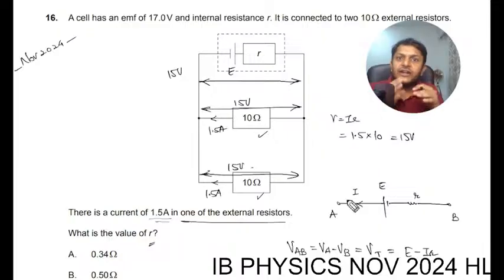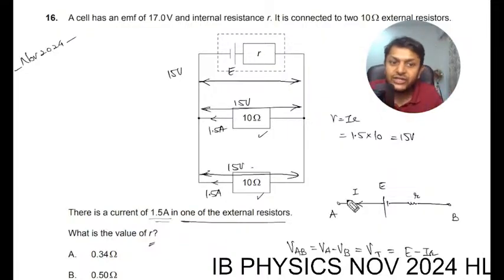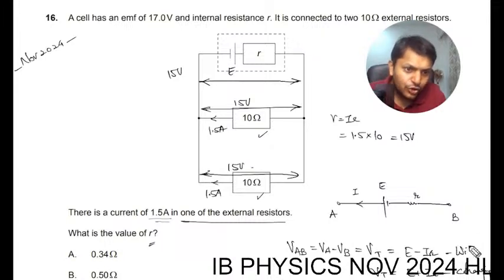If current is not withdrawn, but is going into the battery, charging the battery, then there is another formula. For charging, it becomes E plus IR, and E minus IR is in the case of withdrawing the current. I hope that is clear now.